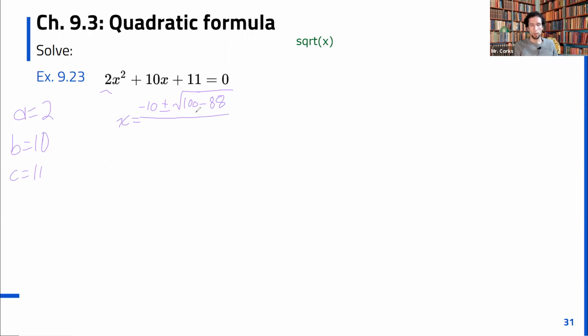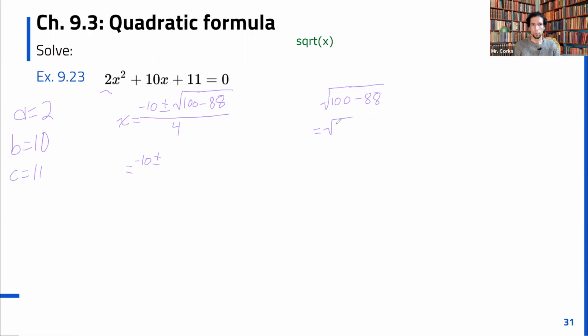And on the bottom here, 2a, 2 times 2, so 4. -10 plus minus square root of, just so I don't have to rewrite all of that, 100 minus 88.